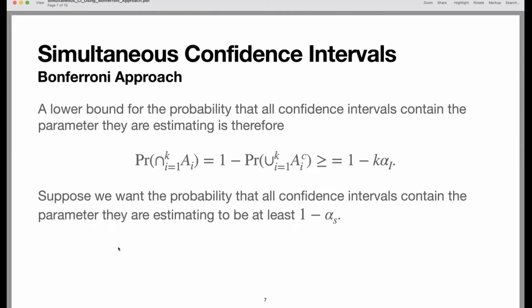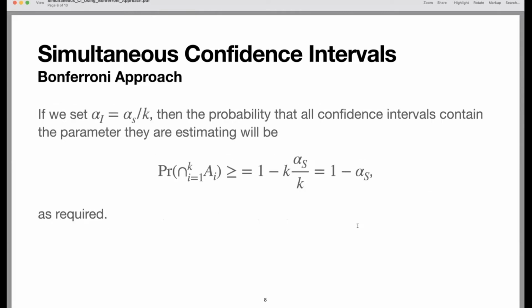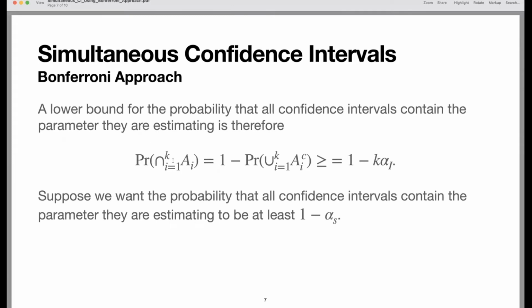Now, suppose we want the probability that all confidence intervals contain the parameter they are estimating to be at least 1 minus alpha sub s. We can accomplish that if we set alpha sub I equal to alpha sub s over k. By the way, this s represents simultaneous.